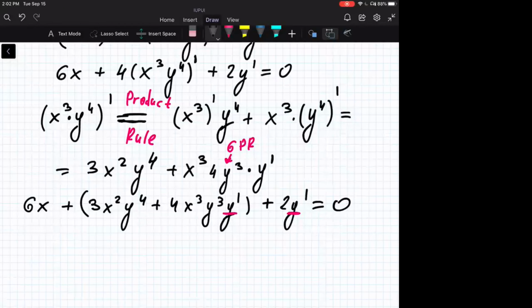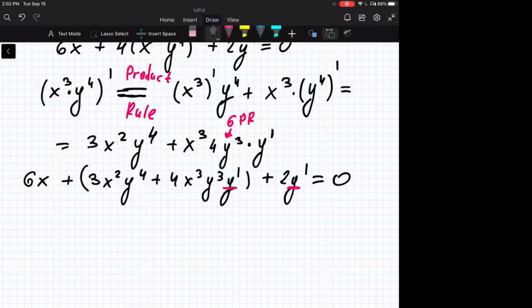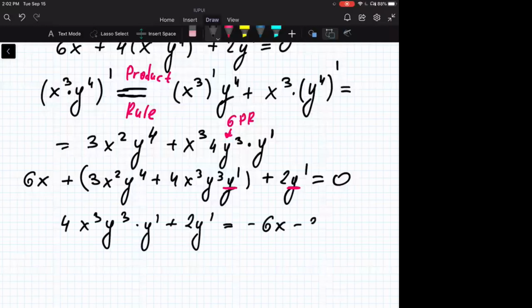Put everything that doesn't contain y prime to, say, the right-hand side, and keep all the terms that contain y prime on the left-hand side. So let's do that. So I get 4x cubed y cubed times y prime plus 2y prime is equal to minus 6x, because I put it on the right, and minus 3x squared y to the power 4.